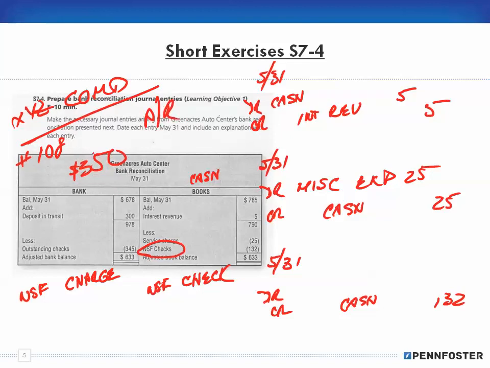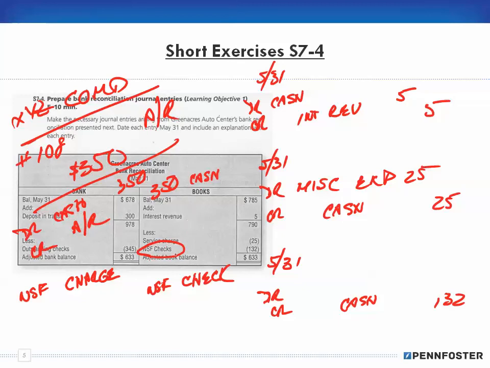When you received that check, you debited cash and credited accounts receivable for $350. That was the entry you made. Now the bank says that check bounced, and because it bounced, you don't have this $350 in there.